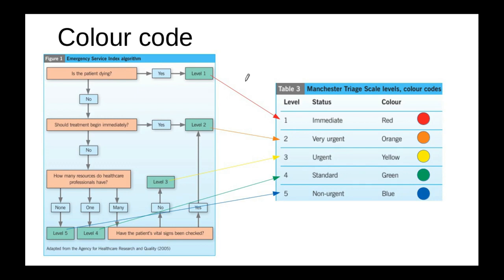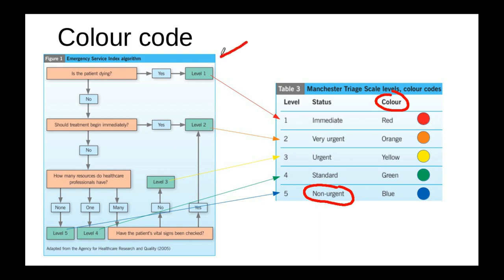First of all, you must know that at the emergency stage in a hospital, as a result of the triage process, every patient is assigned a color depending on the severity of his or her illness. The most critical is the red one, then immediately after we have the orange, the yellow, the green, and the blue one, which means that there is no severity of the patient's illness.